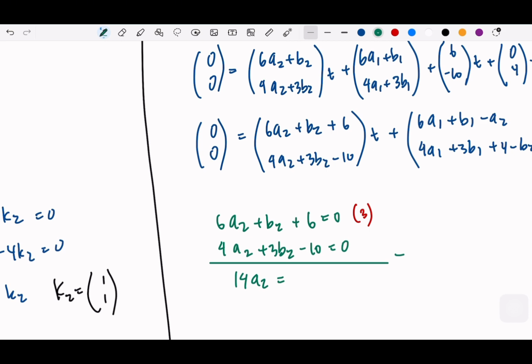Four plus 3, supposed to be 8. So a2 will be 4/7.